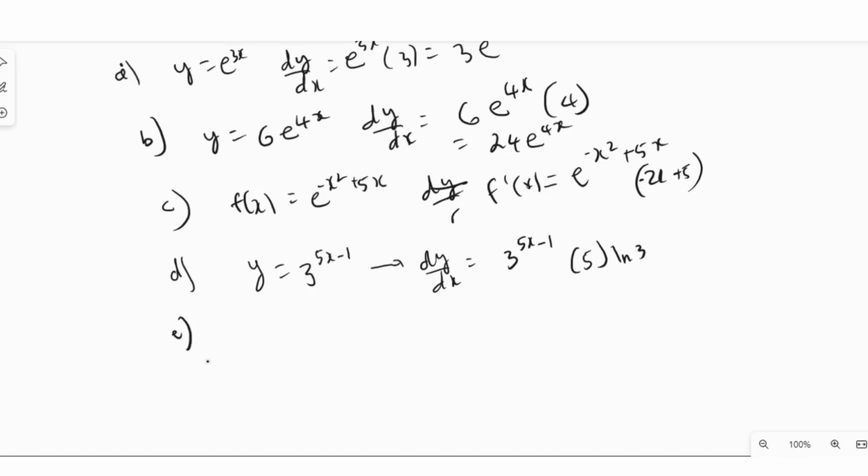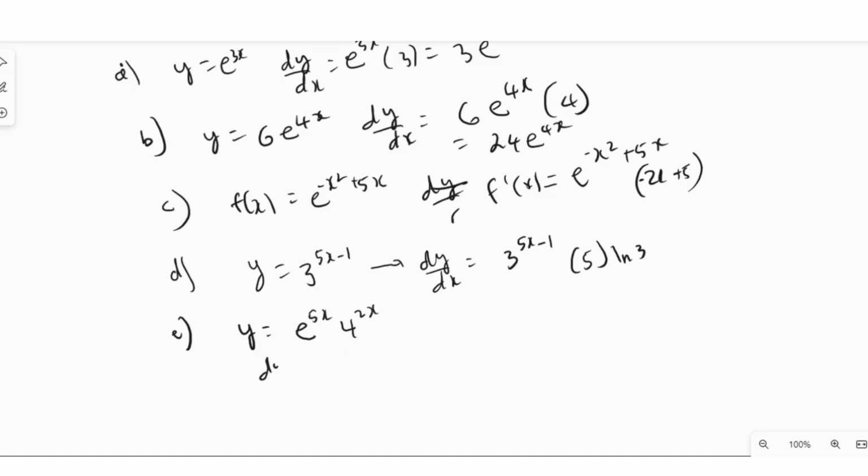Okay, so if I had y equals e to the power 5x times 4 to the power of 2x. These are two functions, therefore I have to use the product rule.